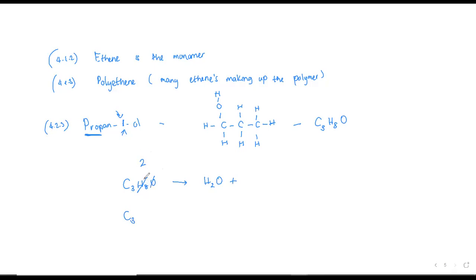And since we removed just 2 hydrogen atoms, we are left with 6 hydrogen atoms. We've also removed the O because it was attached to 2 hydrogens, the H2O. And this is what we are left with as our compound X.